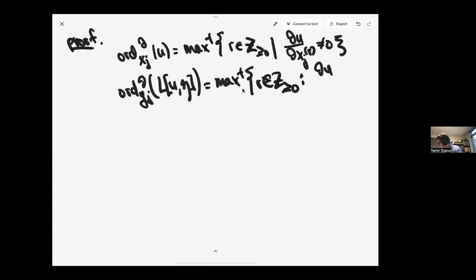So we do this dU dxj of r, but now we evaluate it at eta not equal to zero. Right? So what may happen is that some of these partial derivatives here may vanish, right? And when those partial derivatives vanish, this order goes down, right? So you may have fewer non-zero derivatives, which can make the order go down, right? And so that's the idea.